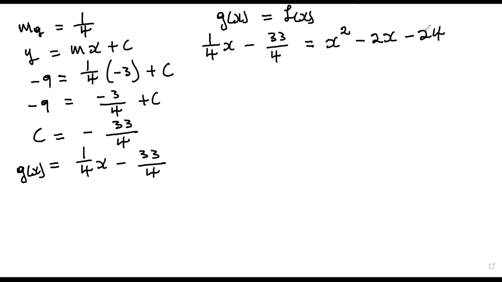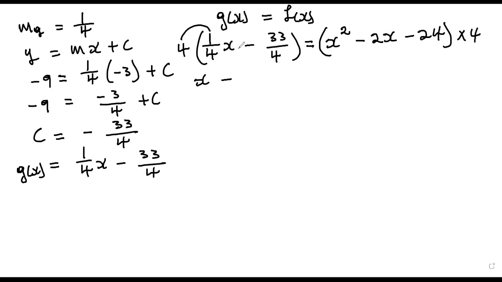Now we have an equation and then we have the fraction. We hate fractions if we are working with equations. So the best thing we are going to do is to multiply every term by the LCD. And our LCD in this case is going to be 4. So 4 times 1/4x, you'll just get x.